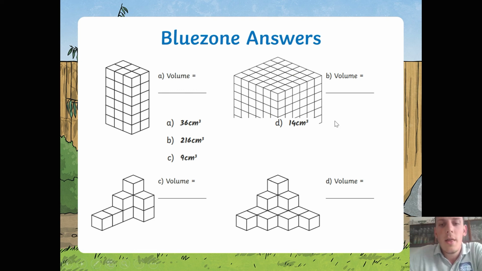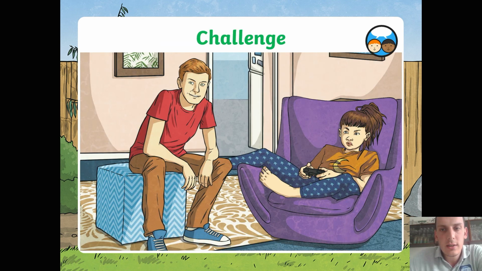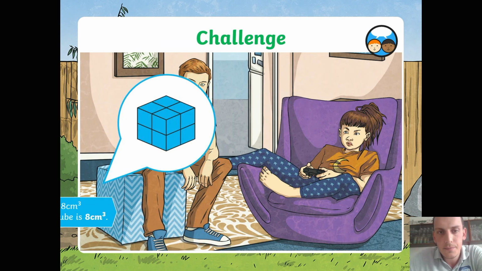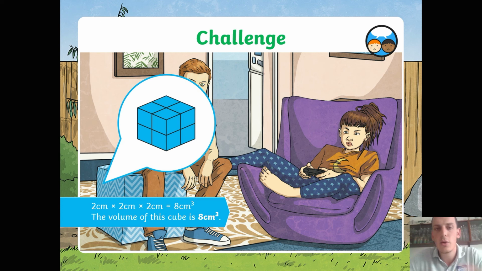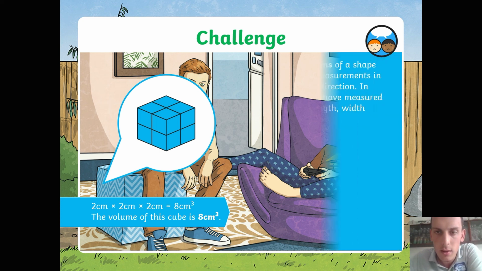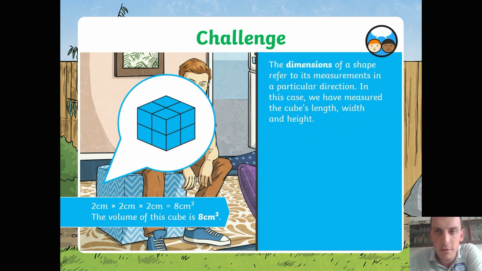So, that is that. Now, Bluezone, you have a challenge to do today, okay? Right, so this cube has a volume of 8 centimeters cubed, okay? Now, the dimensions of a shape refer to its measurement in a particular direction. In this case, we have measured the cube's length, width and height.